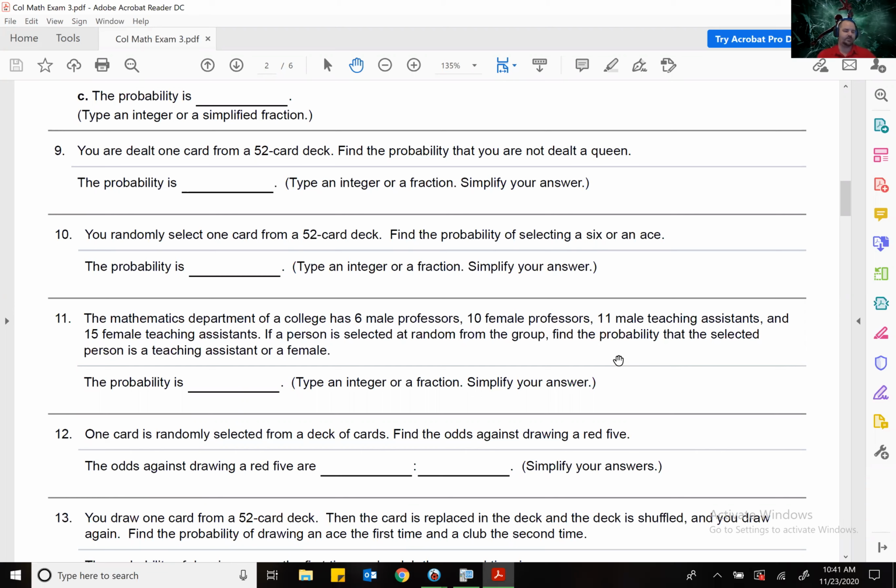Yes, 42. All right, just double checking that. All right, well, how many females are there? Well, there are 10 female professors and 15 female teaching assistants. So that's a total of 25 out of 42. The bottom number doesn't change. Minus, now we've got to subtract out the people that we counted twice, and that's the female teaching assistants, which is 15 out of 42.